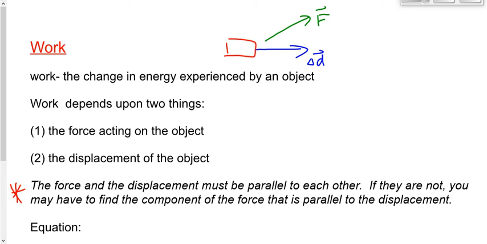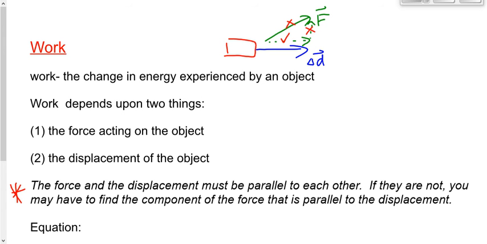The x component of that force would count because the x component of that force is parallel to the way the wagon is moving. But the y component would not count. So this counts, this doesn't, this doesn't. What you have to do there is find, in that case, the x component of the force.